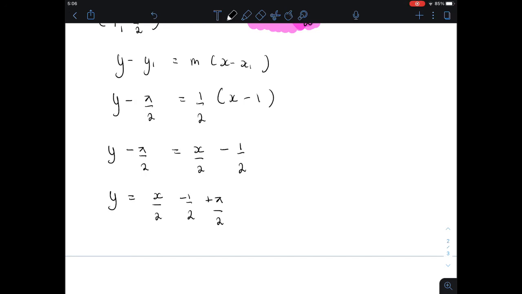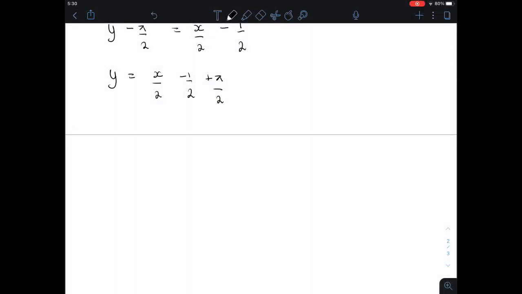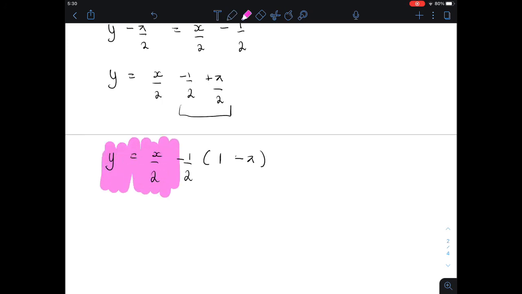Now I'm going to tidy it up a little by factorizing out the common factor of our constants. Let's factorize out the minus a half, which leaves us with: minus a half into minus a half goes once, and minus a half into pi over 2 leaves us with minus pi. So our final answer is y equals x over 2 minus a half times (1 minus pi).